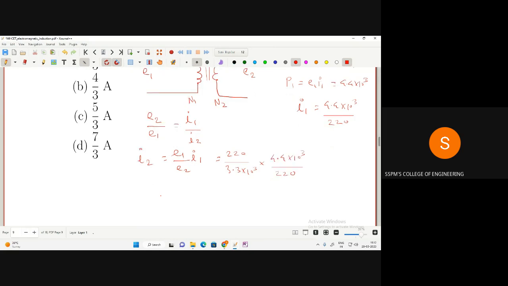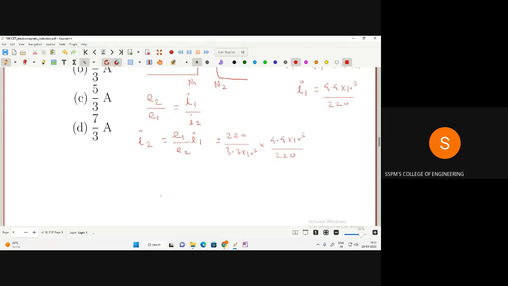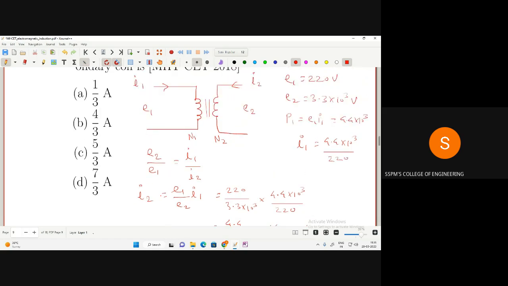The 220 will go, 10 to the power 3 and 10 to the power 3 will go, and 4.4 divided by 3.3 will be left. That is 44 divided by 33, 11 4s are 44, 11 3s are 33, so 4 by 3. I2 is 4 by 3 ampere. This is how to solve it.